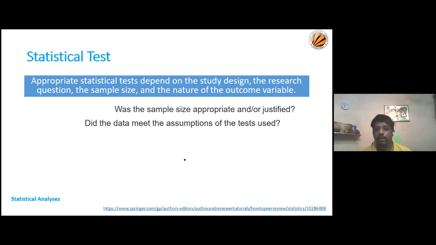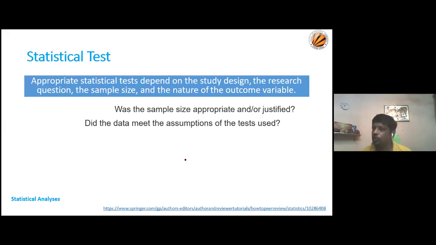The second one: did the data meet the assumptions of this test? There are some statistical assumptions that should be met. For example, there are two kinds of tests we usually use, parametric and non-parametric.